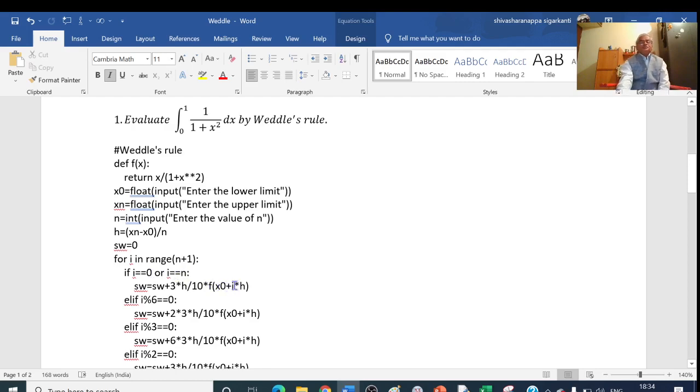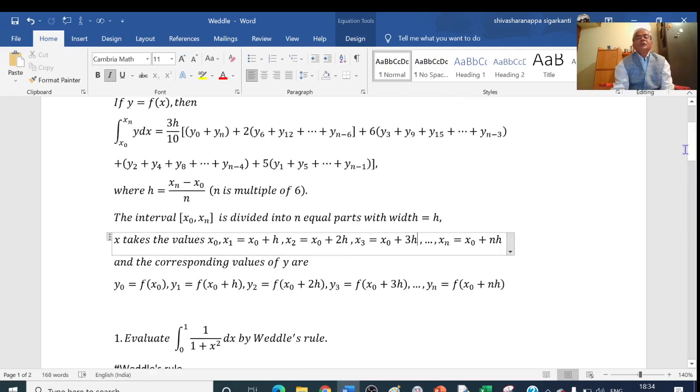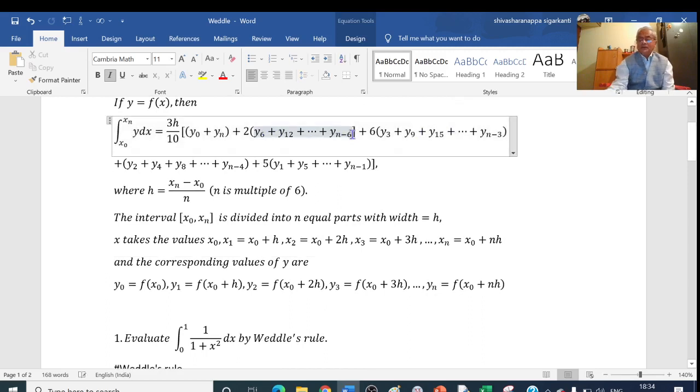If not, that is, i is not equal to 0 and i is not equal to n, next I will check whether it is divisible by 6. If the suffix is a multiple of 6, so this is the case here. What is the coefficient here? The coefficient is 2 into 3h by 10.